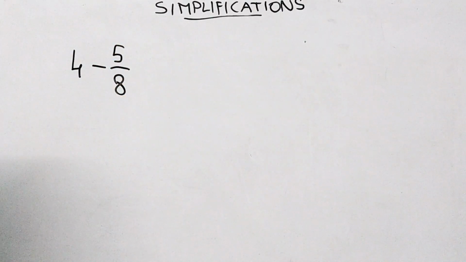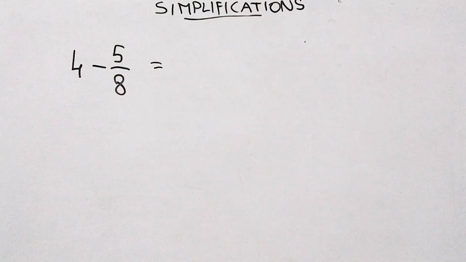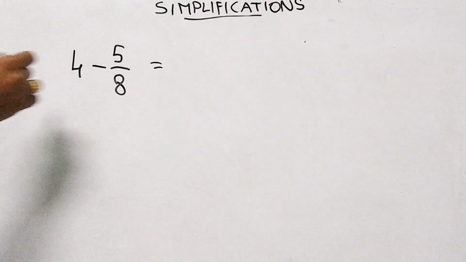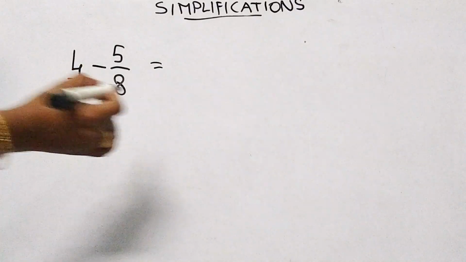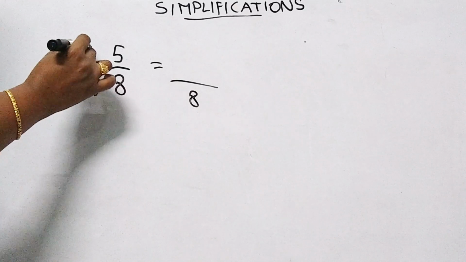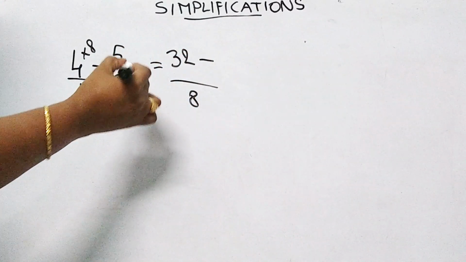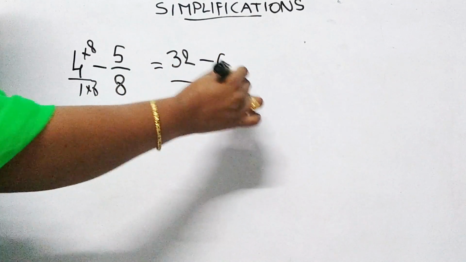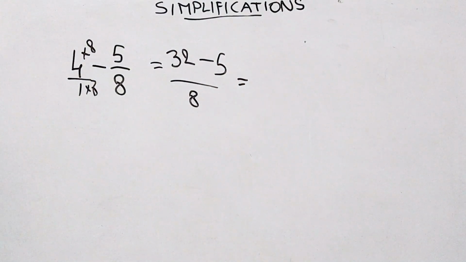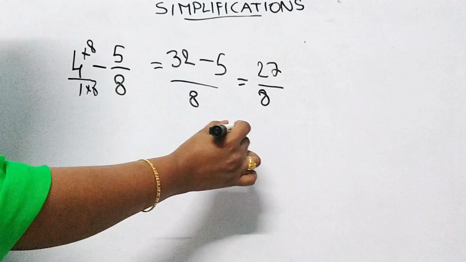4 minus 5 by 8. Okay, our normal process is taking the LCM, 8. 4 8s are 32 minus 5, 5 ones are 5. 32 minus 5, 27, 27 by 8.